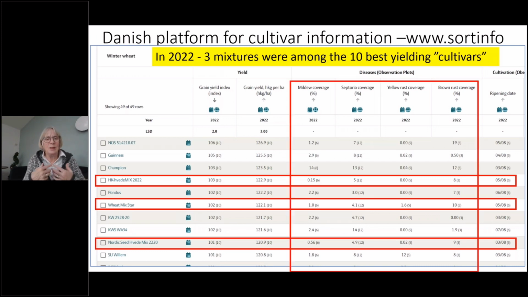So the fact that you could easily show the farmer that these mixtures are actually behaving well, both when it comes to disease levels and also to yields, has had a significant impact on the uptake of growing cultivar mixtures.